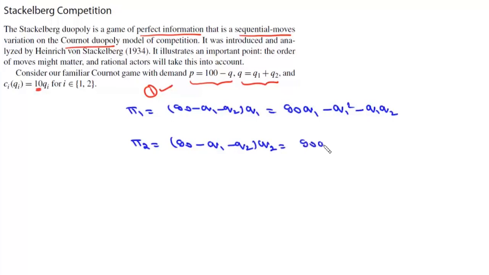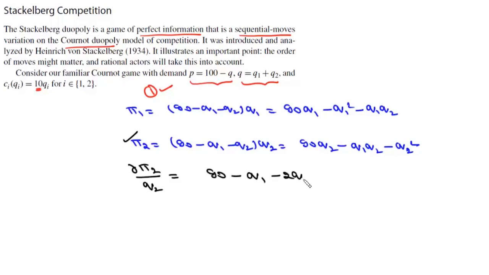So it will be 90 Q2 minus Q1 Q2 minus Q2 square. Now since firm 2 moves second, it will respond to any quantity set by firm 1. So we'll first find best response of firm 2, and for this we'll differentiate with respect to Q2. So it will be 90 minus Q1 minus 2Q2 equals 0. So in this case, Q2 will be (90 minus Q1) by 2.